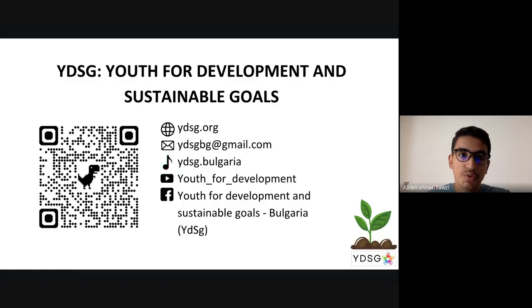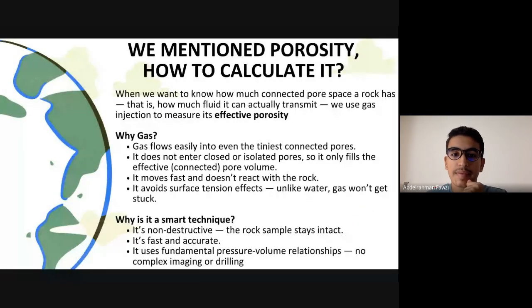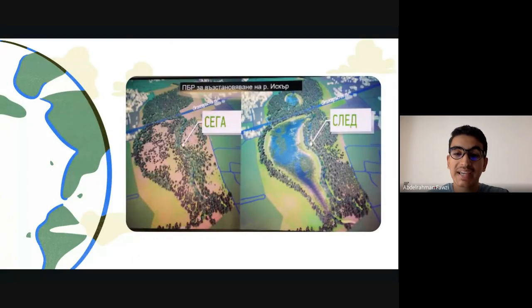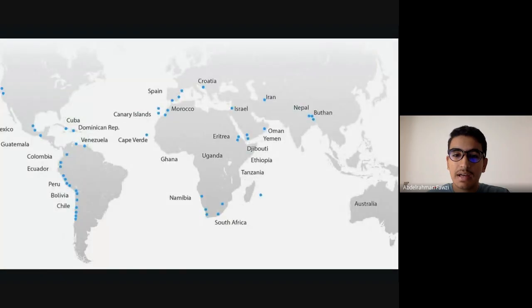So usually, if we look at the map, this technique is used in countries like Yemen, for example, because they had wars. As you can see, it is implemented in Yemen, in Oman, and some parts of Africa, because usually they don't have the monetary resources to deal with underground water.